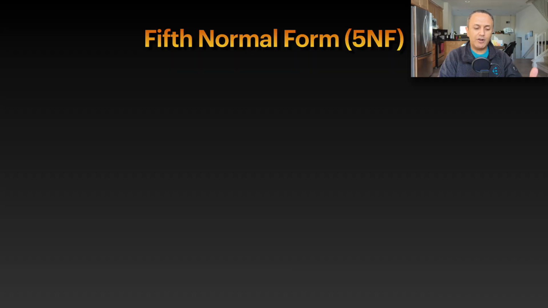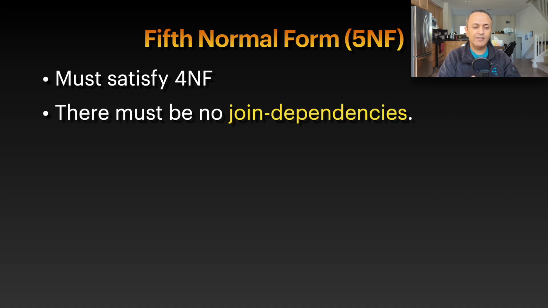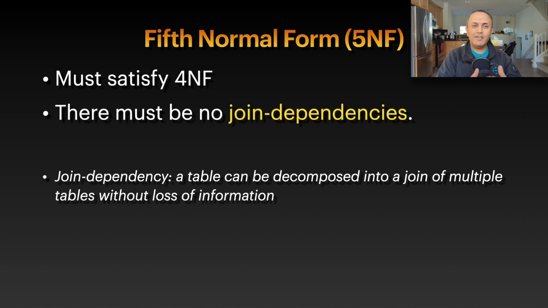The conditions are, as usual, first condition, you must satisfy 4NF. The second condition says there must be no join dependencies. What does that mean? A table will have a join dependency if this table can be the result of joining smaller tables without data loss.